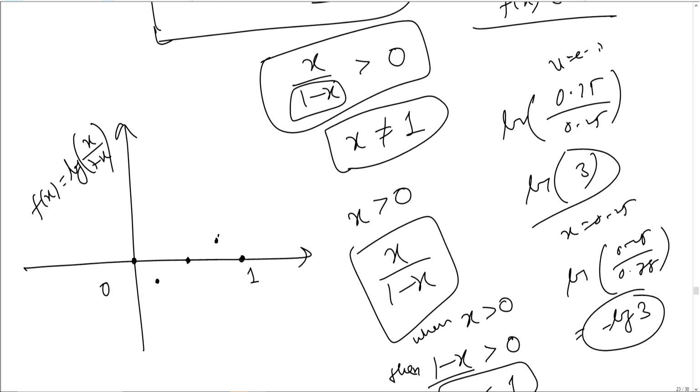So, it turns out as you keep increasing the value of x from 0.5 to 1, the value of y will keep on increasing and will sharply increase near 1. And on the other side, as you keep decreasing the value of x, this will keep decreasing and will sharply decrease and go towards minus infinity. So, this is how the graph of this function looks.